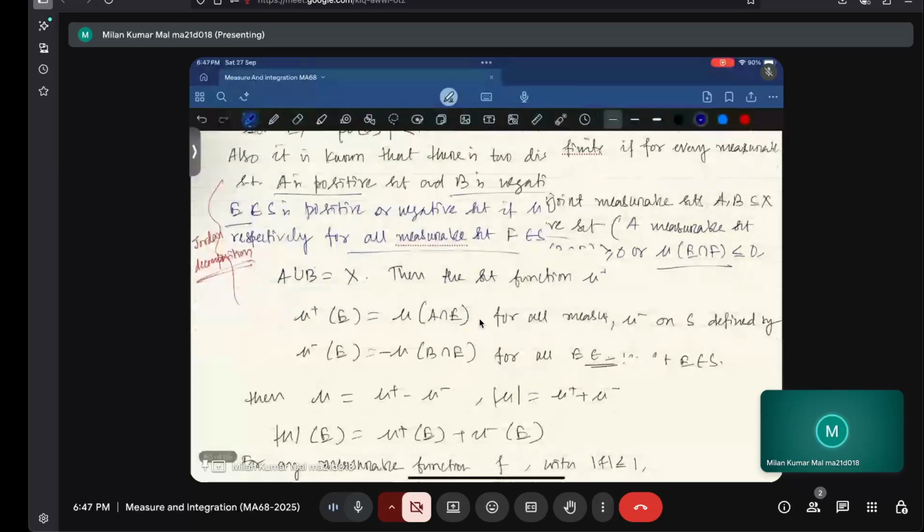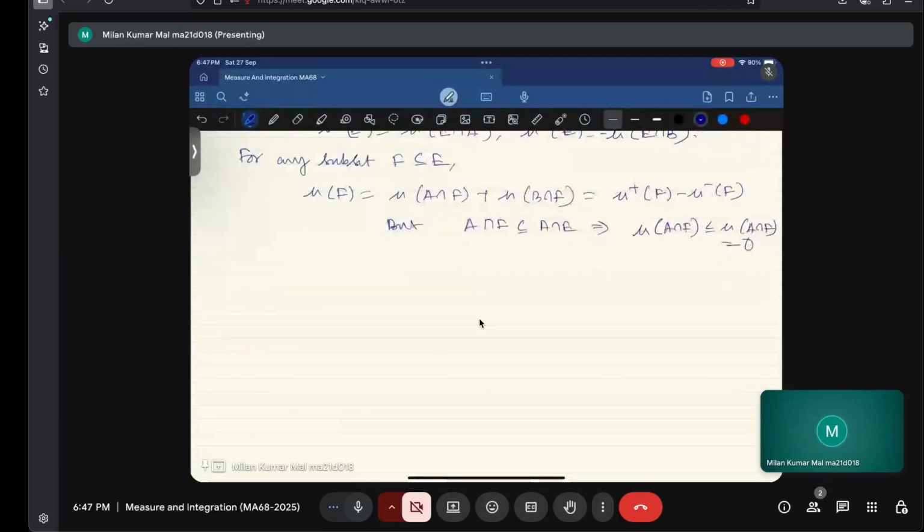So with this definition, mu of F is equal to this. Therefore, as we know, any subset of a positive set is again positive, so that means this will be positive. Main point is that this will be positive because this is a subset of A. So this will be equal to 0.